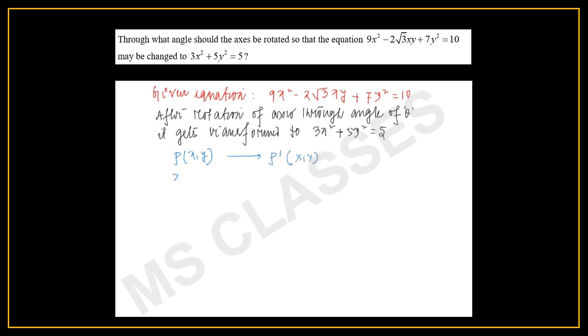So we can say here that small x equal to capital X cos theta minus capital Y sin theta, and small y equal to capital X sin theta plus capital Y cos theta.